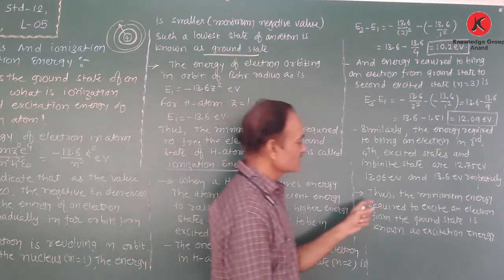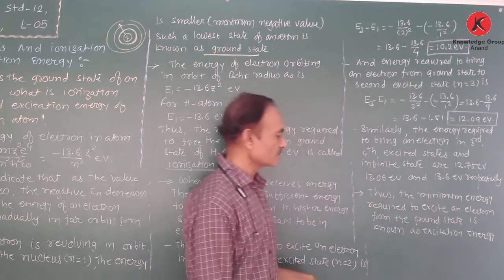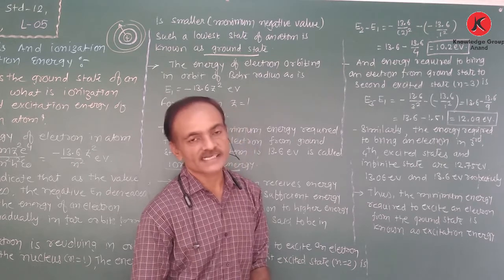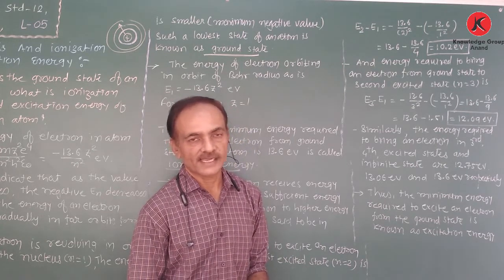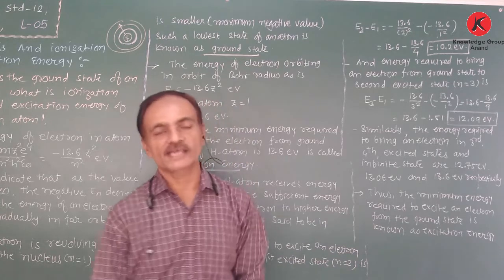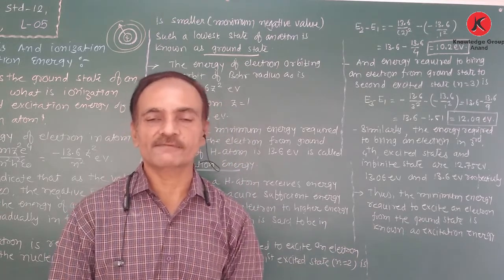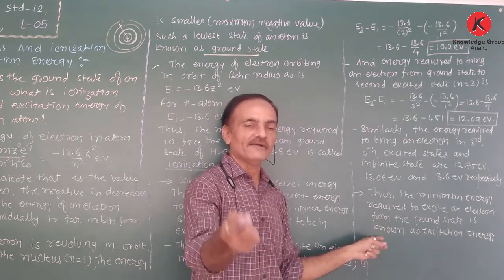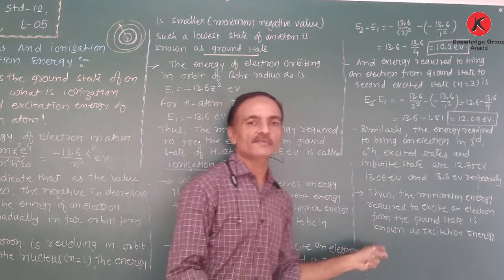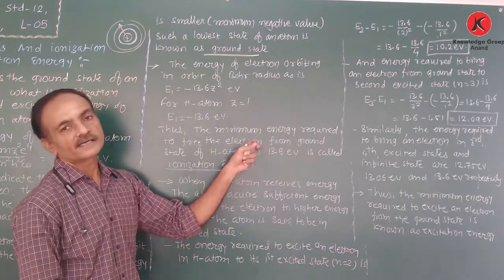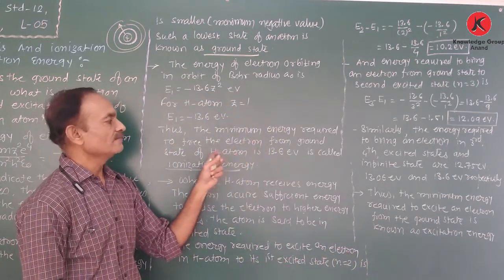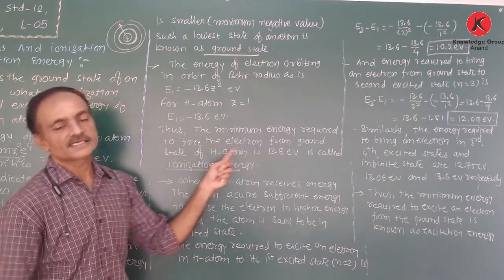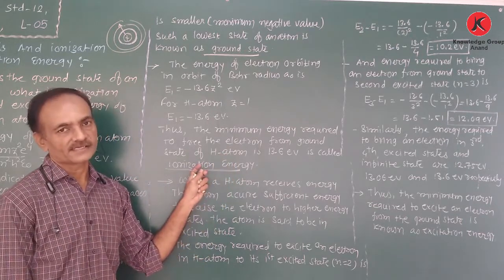Thus, the minimum energy required to excite an electron from the ground state to a higher energy state is known as the excitation energy. While the ionization energy is the minimum energy required to free the electron from the ground state.